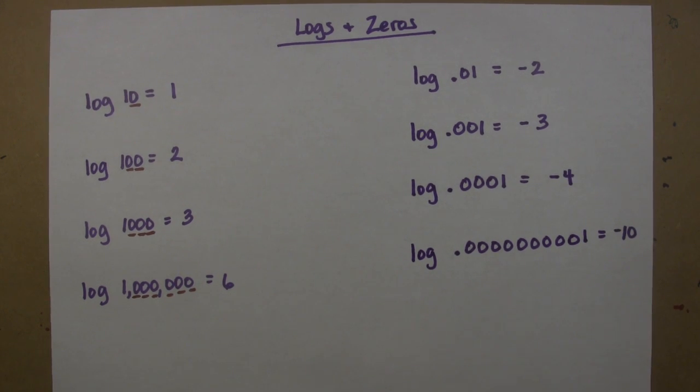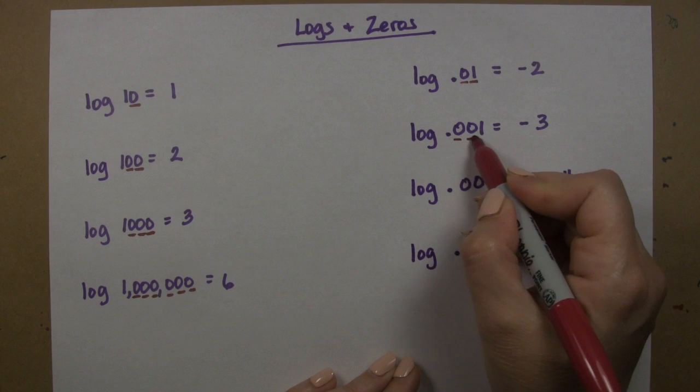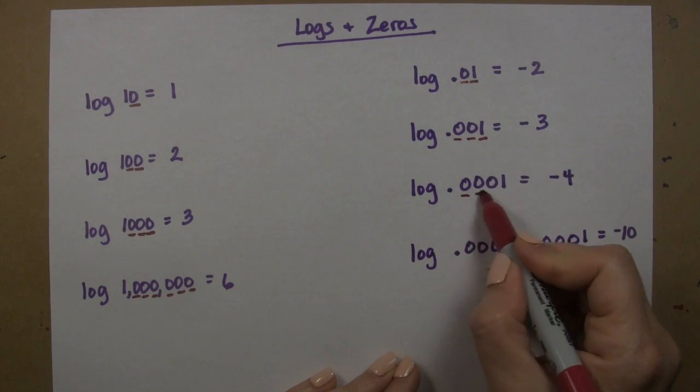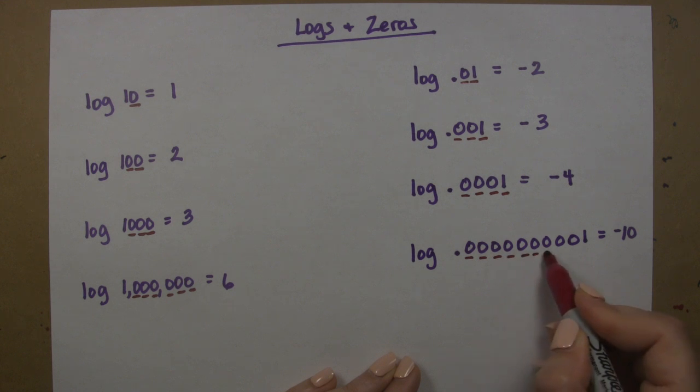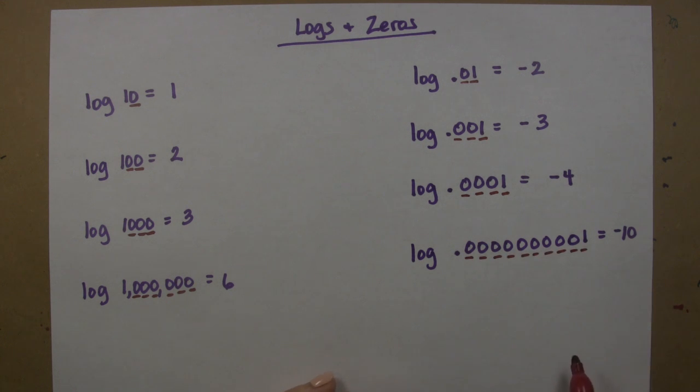So you see here you have to count both of those digits. And as long as your decimal ends in 1, in other words, is divisible by 10, then everything just works out perfectly.